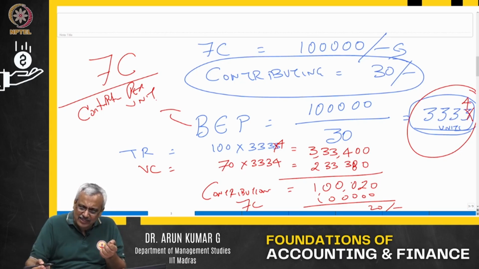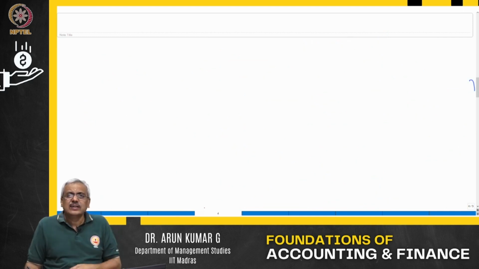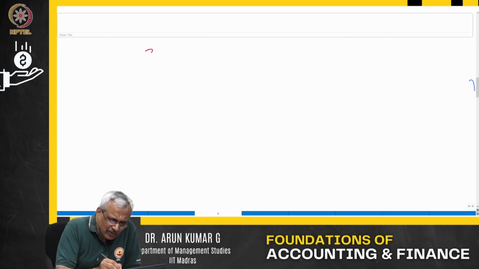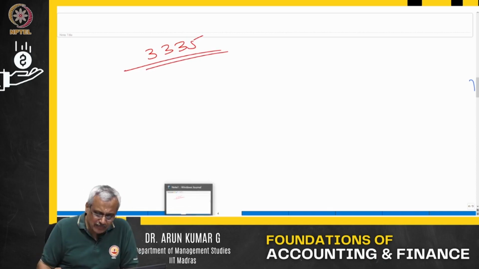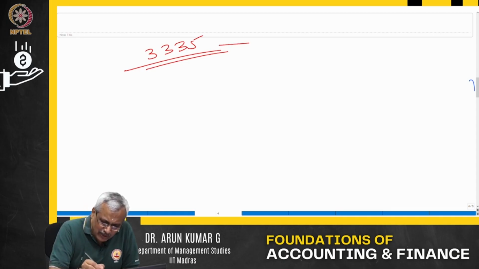Now supposing I manufacture 3,335 units, that extra unit is going to give me 30 rupees. Fixed cost is already covered, so that 30 rupees is what is called profit.